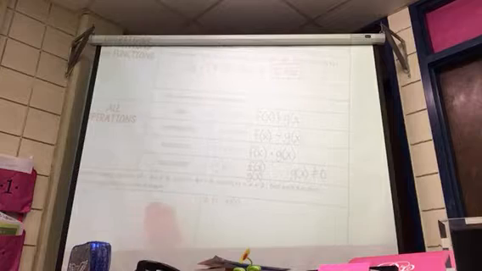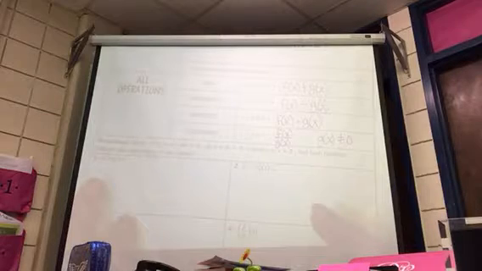All right, so for this part right here, it says f of x is equal to x squared subtract 8x plus 4. G of x is equal to 4x subtract 3. And h of x is equal to x plus 2. All right, I want to find f plus g of x.